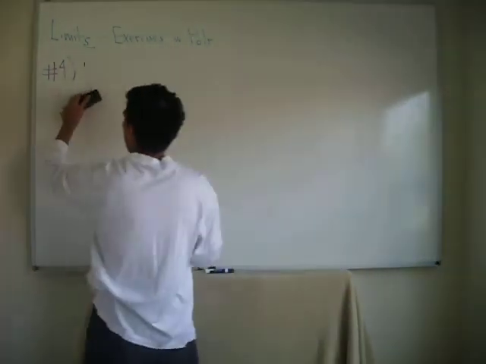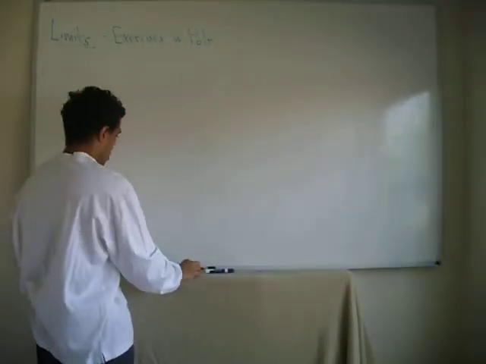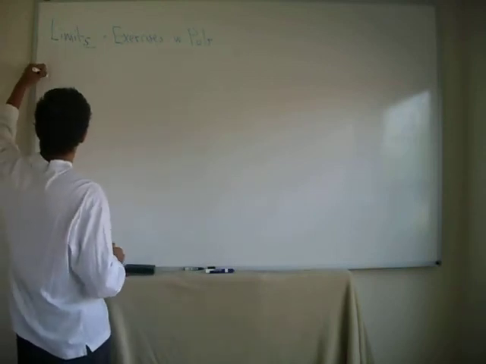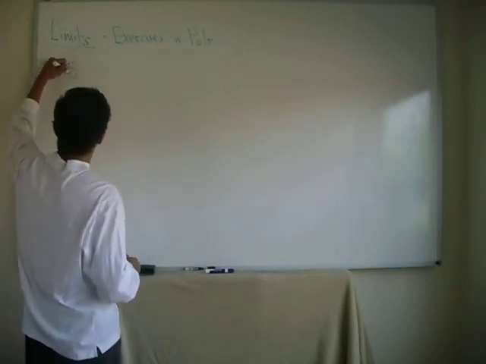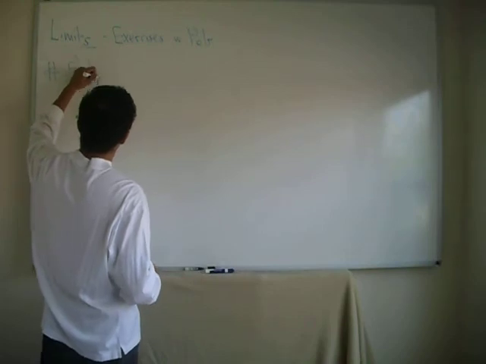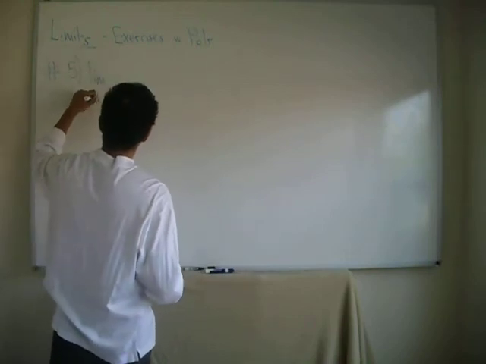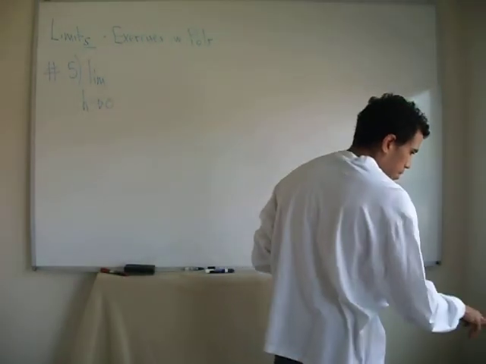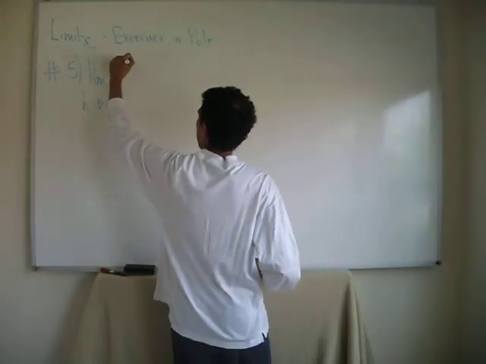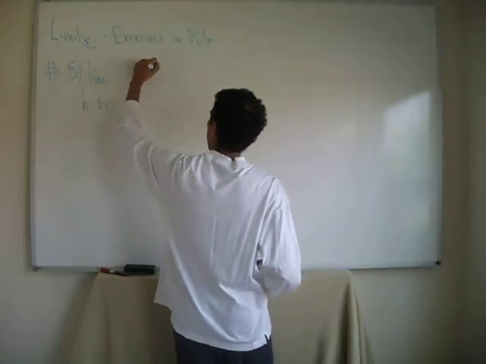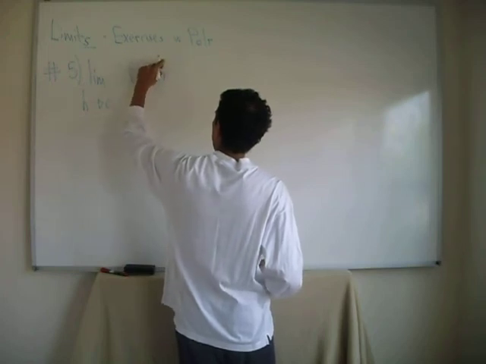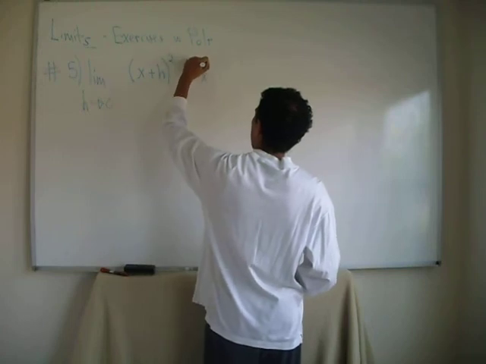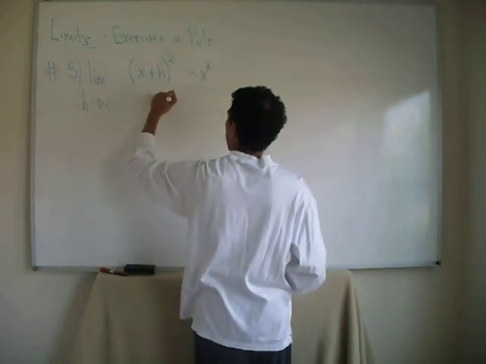Example number 5. Number 5, we're going to have limit of h tending to 0. What was the example? Okay. x plus h squared minus x squared over h. Okay?